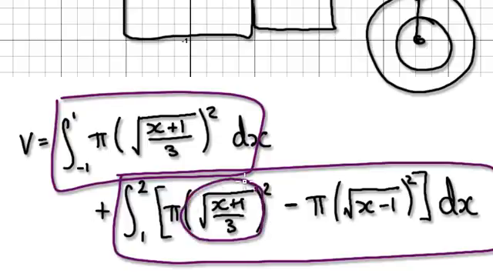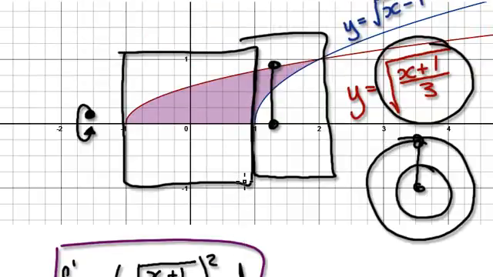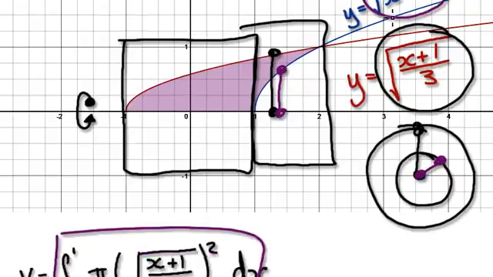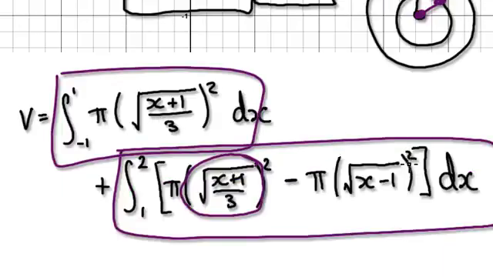And then the radius of the small circle would be you looking at the blue line, this here.